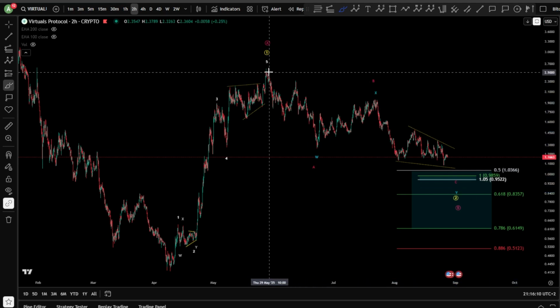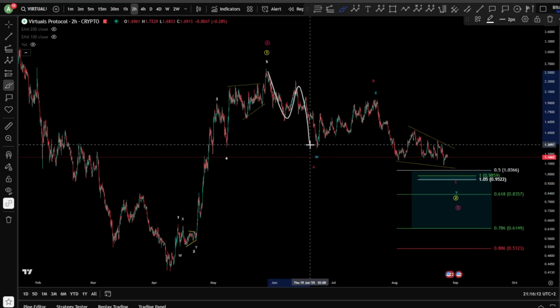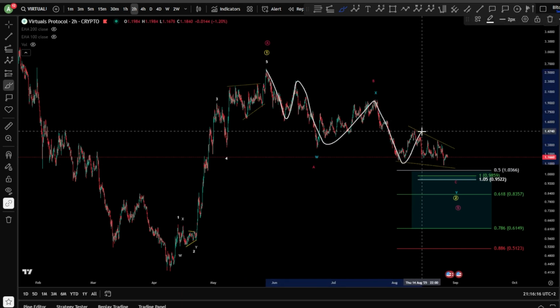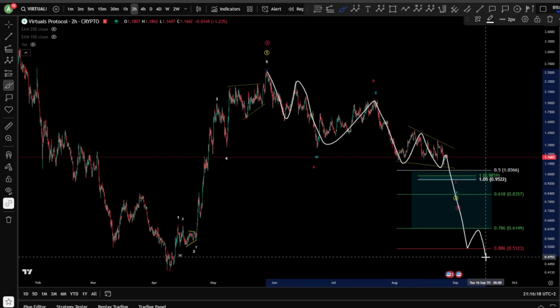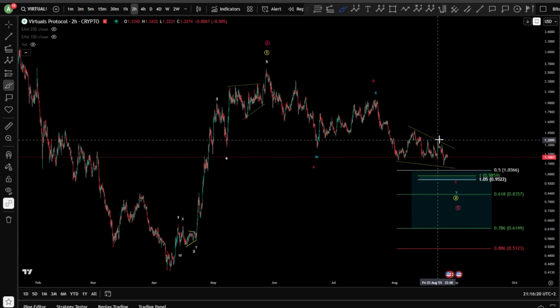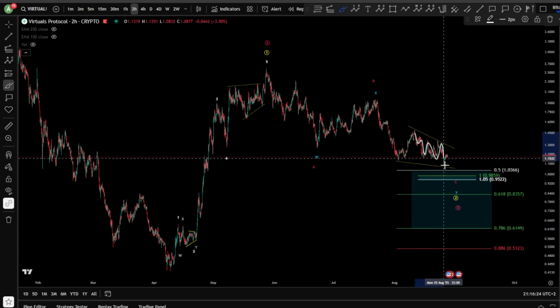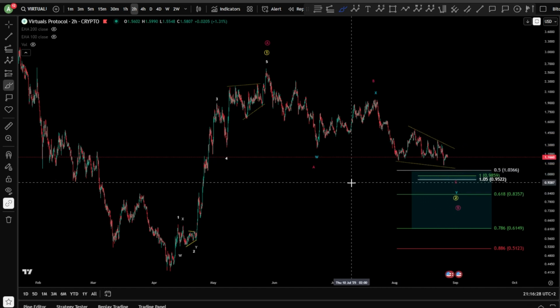Well, very low possibility because you already have 3 waves. And if you want to count 1, 2, 1, 2, and another 1, 2 here, okay, it's time to unfold something, right? Plus, here I don't really see an impulse unfolding. I start to see something ending, which is an ending diagonal. All right, so that's it for Virtuals.